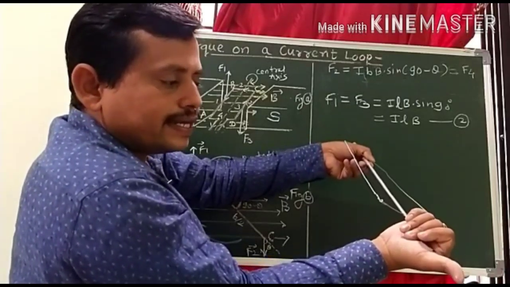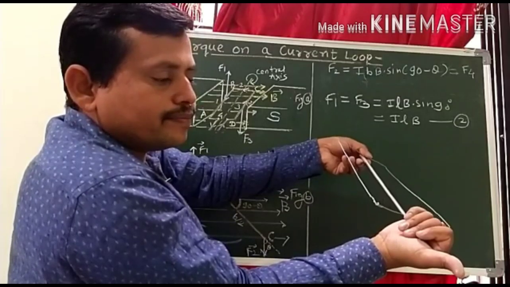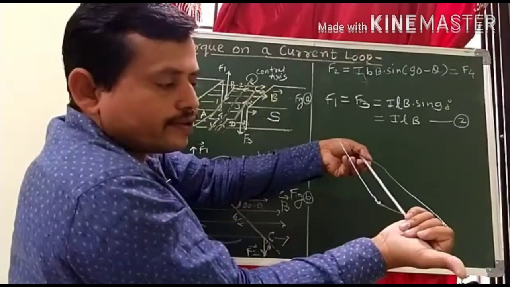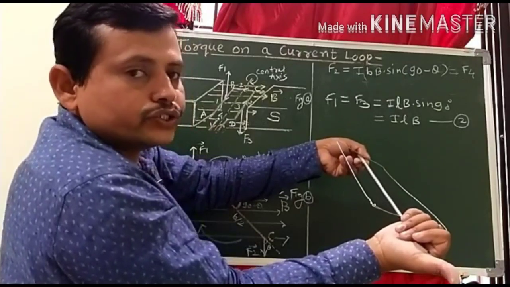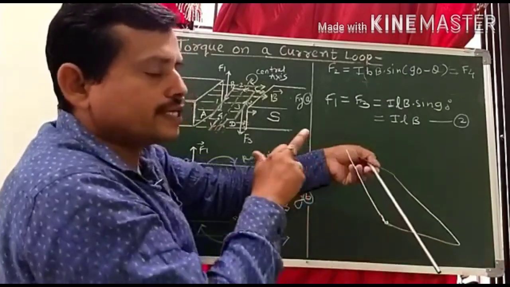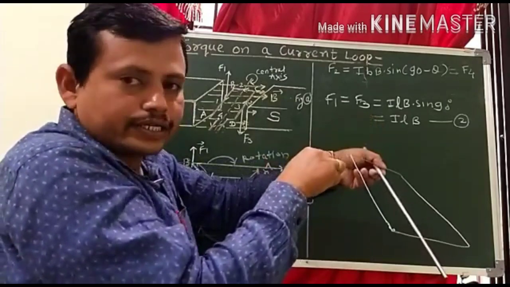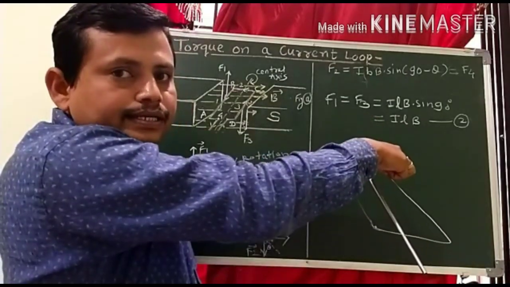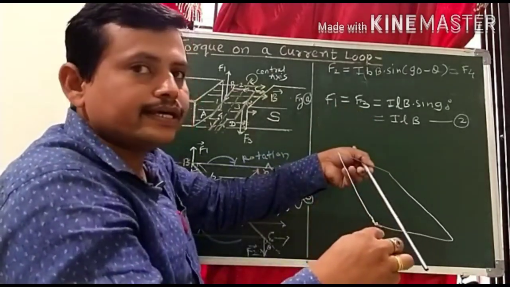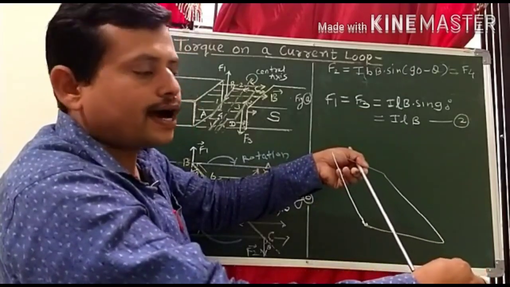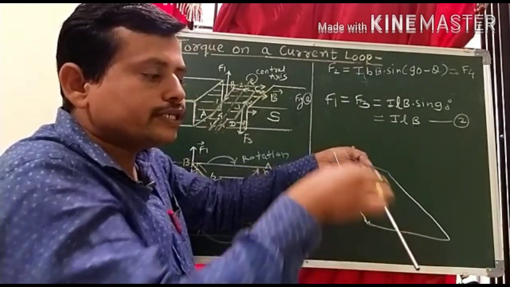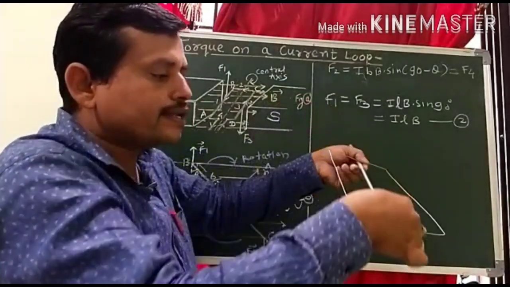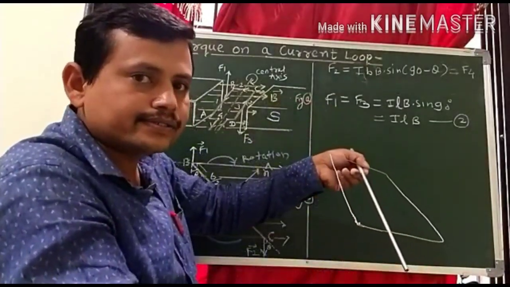Means here it is clear that the thumb is towards you, and therefore magnetic force acting on the side AD is towards you. Means from both the cases it is clear that the force acting on the side BC and force acting on the side AD are equal in magnitude but in opposite direction along the central line, that is the central axis.